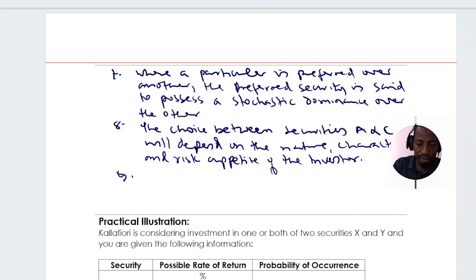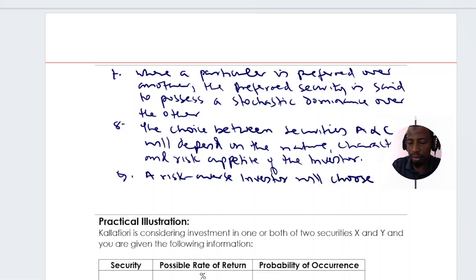Number 9, points that we need to talk about as far as the graph is concerned is that a risk-averse investor will choose security A. Why?